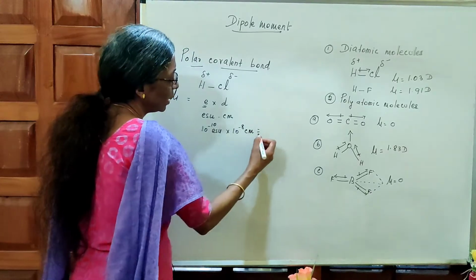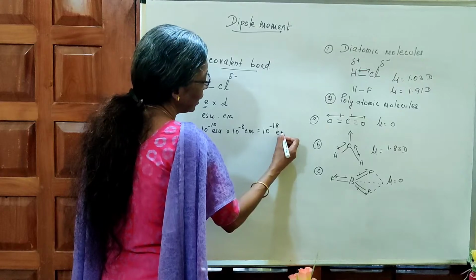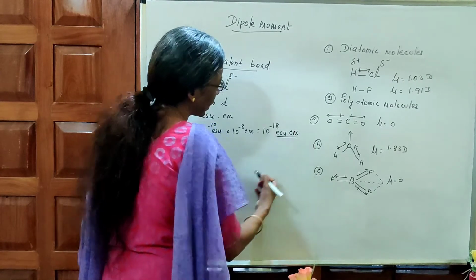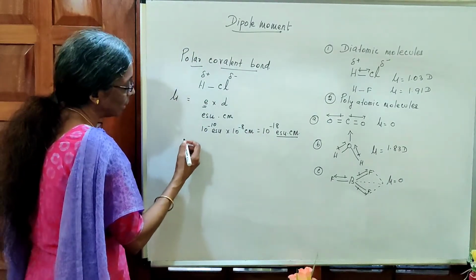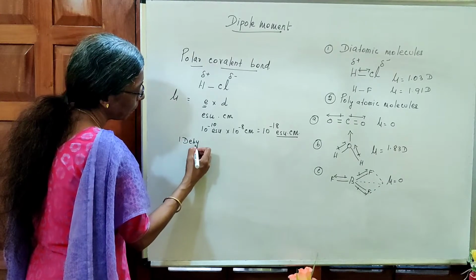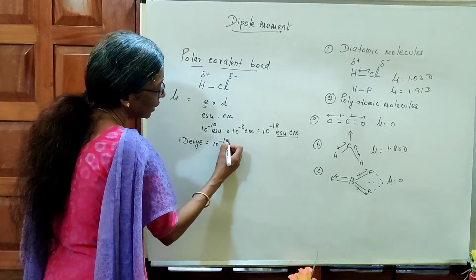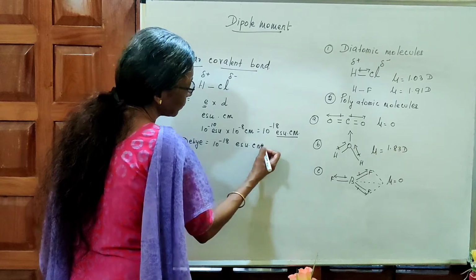So we get 10 raised to minus 18 ESU centimeter. This is actually not an SI unit. We call it debye. So 1 debye is equal to 10 raised to minus 18 ESU centimeter.